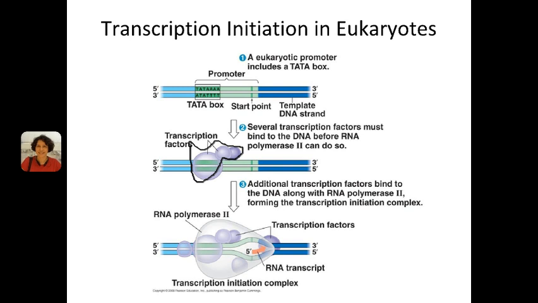So the transcription factors are going to interact with the promoter, in this case with an area on the promoter that's called the TATA box, and the name is the TATA box because of that sequence that we have here. So the transcription factors recognize the TATA box and bind to the promoter, and then RNA polymerase 2 recognizes the transcription factors and sits down, and then the process of transcription can begin.